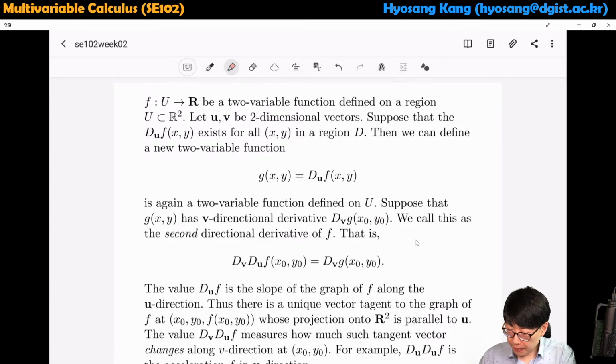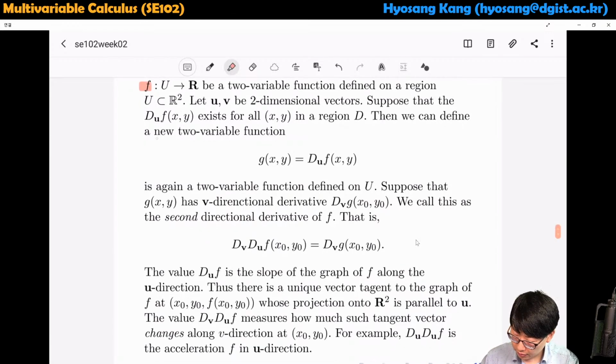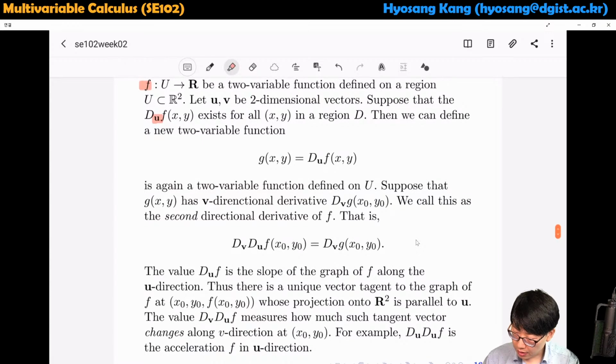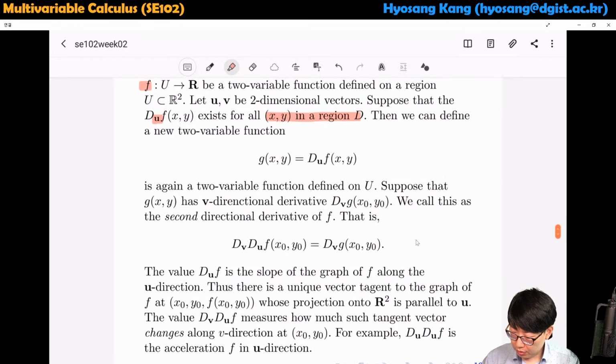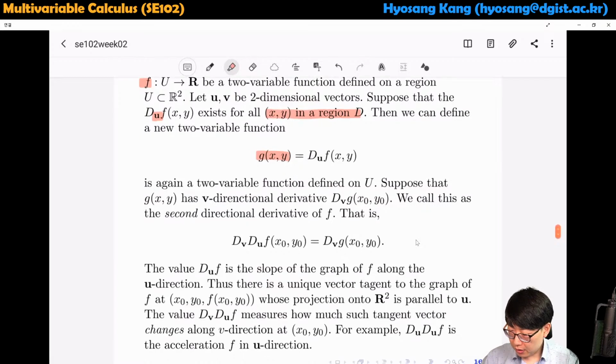For example, let's say we have a function f, and we define a fixed direction u, and we assume that this D_u f always exists for any (x, y) in the region of the domain. Then we can define a new two variable function called g(x, y). This is a random name I just gave, and let's suppose that this g has the value of the directional derivative of f in the direction u at (x, y).